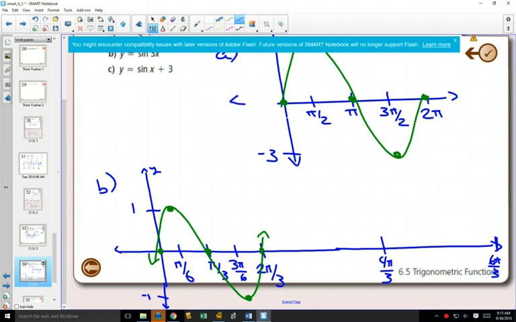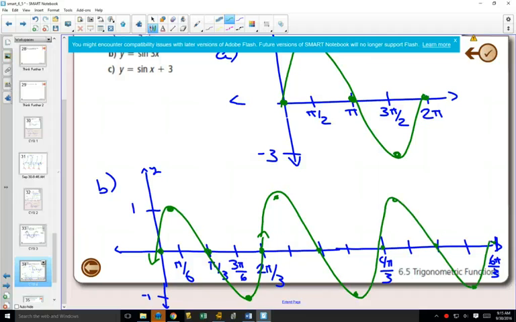Then if you divided each of these into 4 sections and kept going with maximum, center, minimum, center, maximum, center, minimum, center, that would be graphing it exactly between 0 and 2 pi. And we'd have to erase our arrowhead on that side to have it stop.